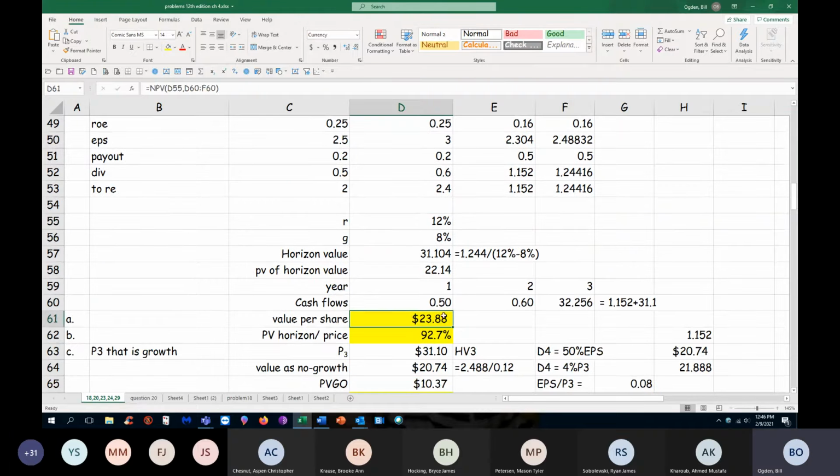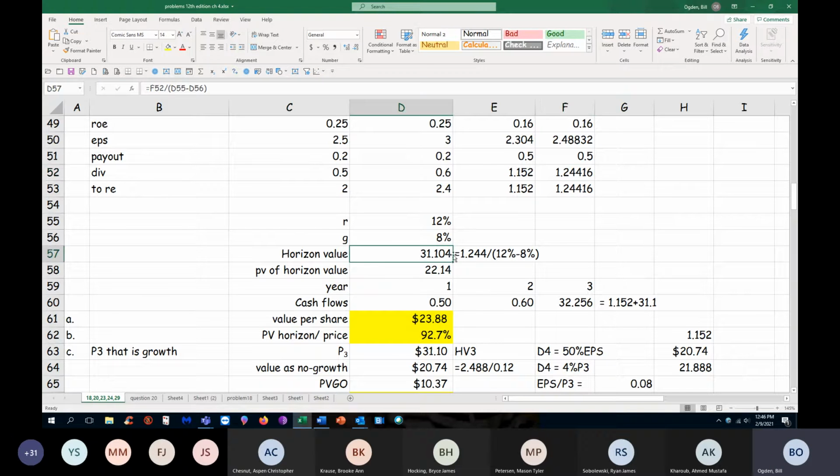You should get a value of 23.88. Okay, the cash flows are right here, same as we had. We had a 50-cent dividend, a 60-cent dividend, followed by $1.52, followed by $1.24. Now you're going to get a little bit different number here if you type in dollar amounts instead of referencing cells. It'll be a little bit different.